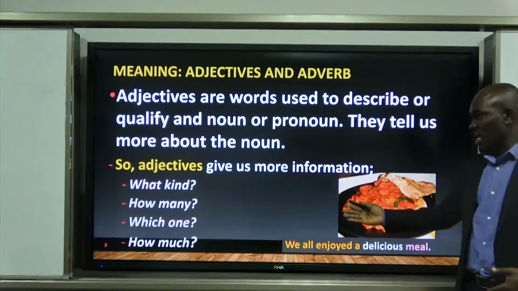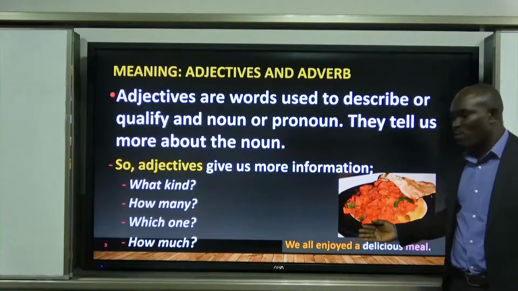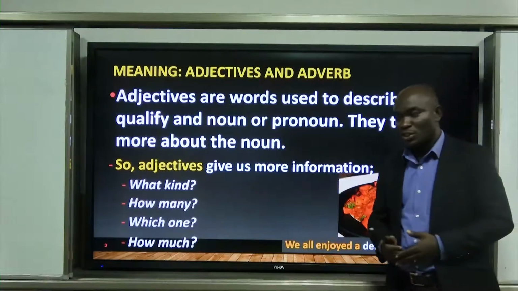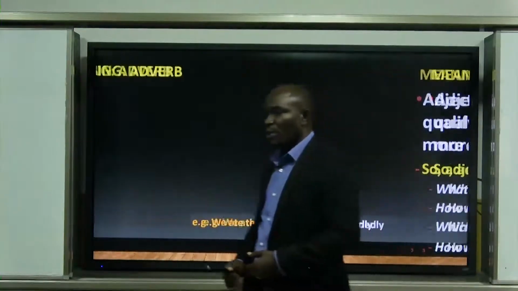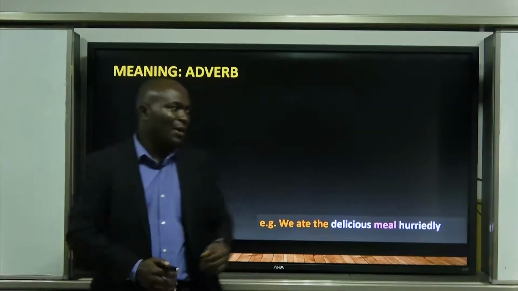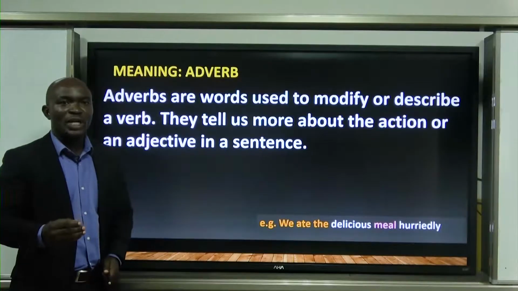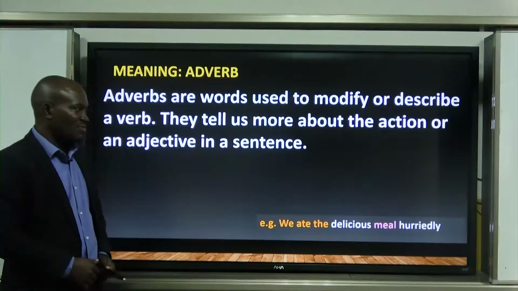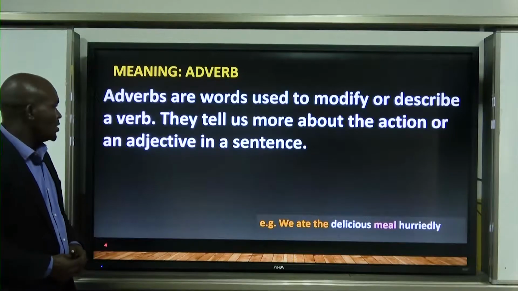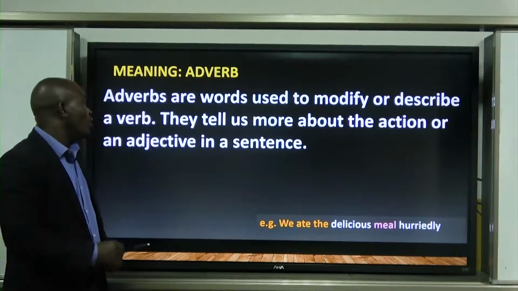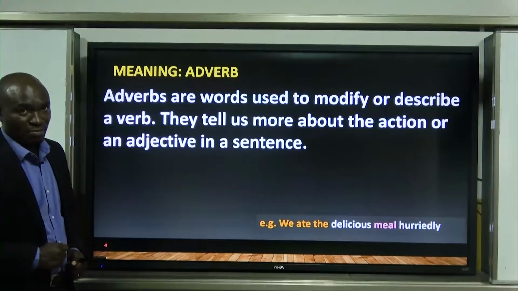So what kind, how many, which one, how much. This tells you more about the noun. So anyone that tells you more about the noun is known as what? Adjective.